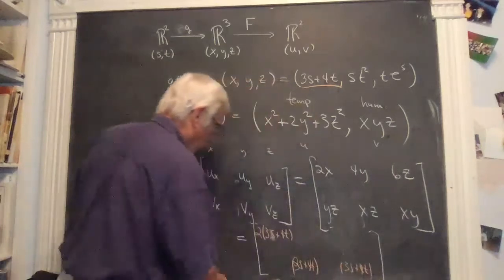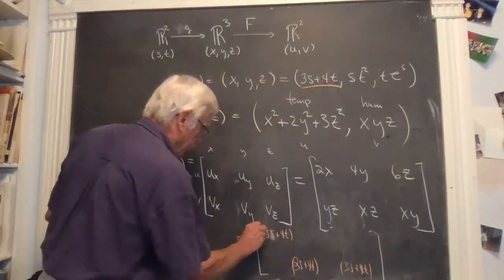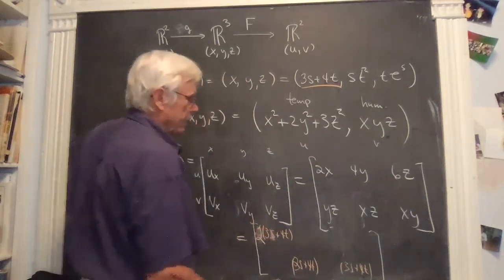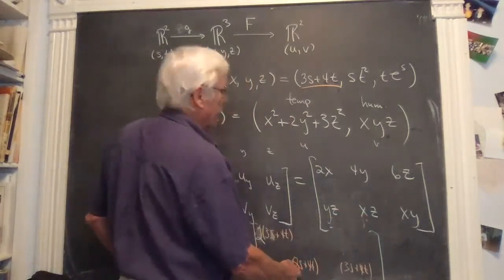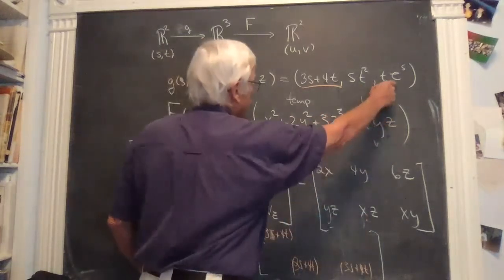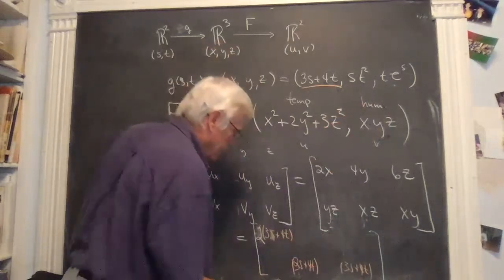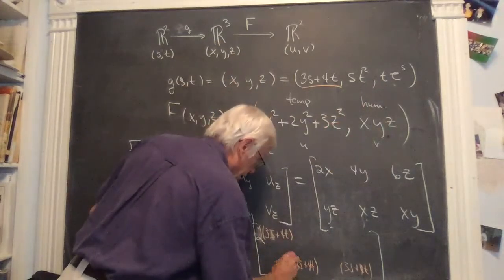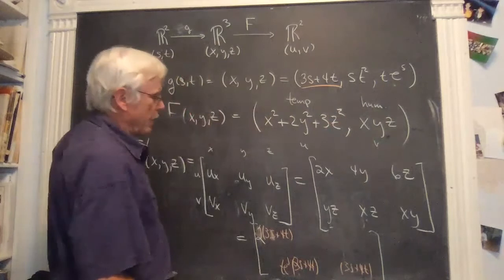And of course, there's more. In the first one, it was just 2x. And in this one down here, we have an x times z, so we have to multiply by the z, t, e to the s.